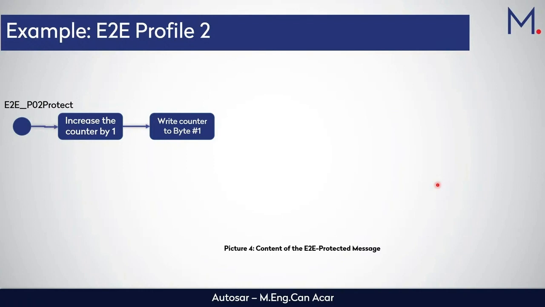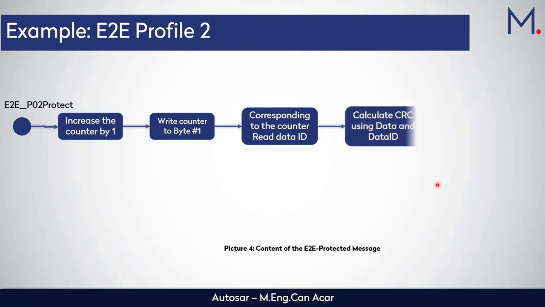And it is written to the first byte. And the data ID corresponding to this counter is read in the list delivered by the OEM. Using data and data ID, the CRC value is calculated and written to byte 0 of the message. After the header part of the message is prepared, the message is ready to be transmitted with this header part.